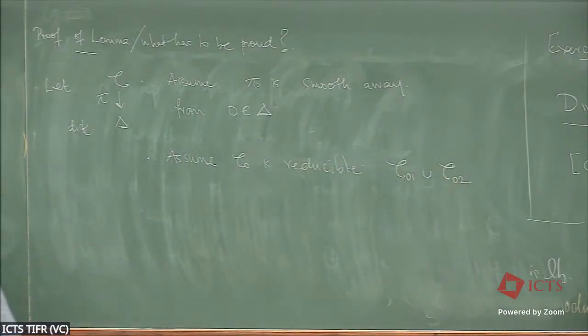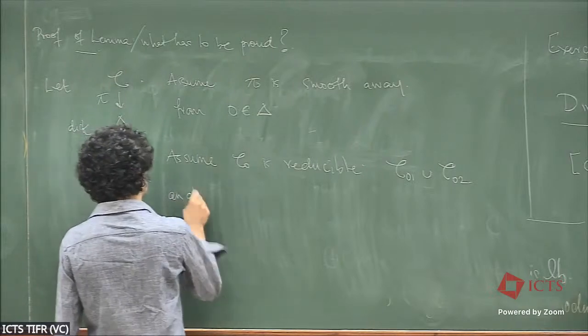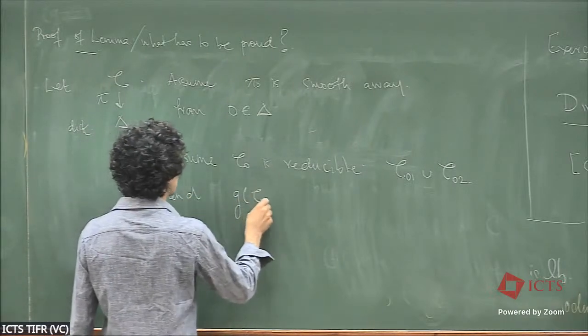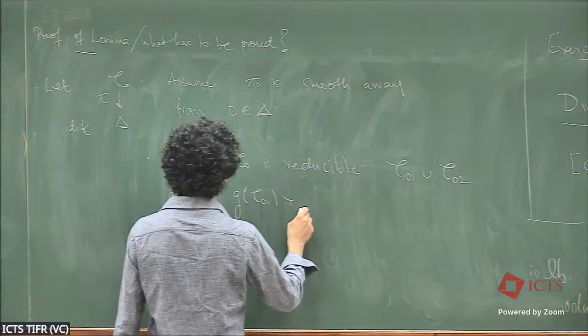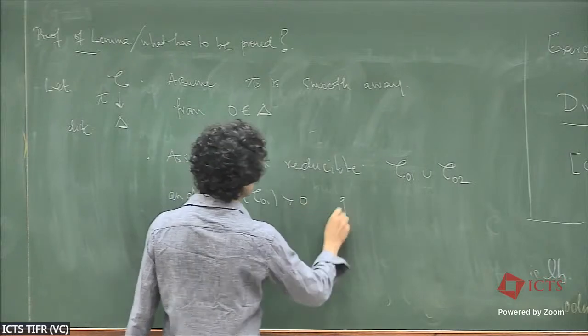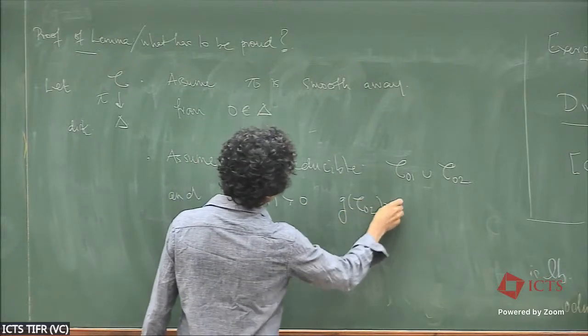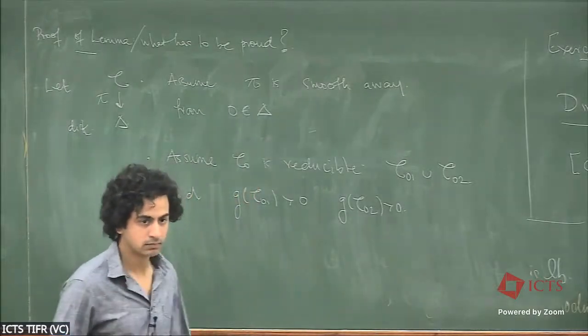I'll draw a picture in a second. And let's say the genus of C01 is greater than 0, and the genus of C02 is also greater than 0. Okay.